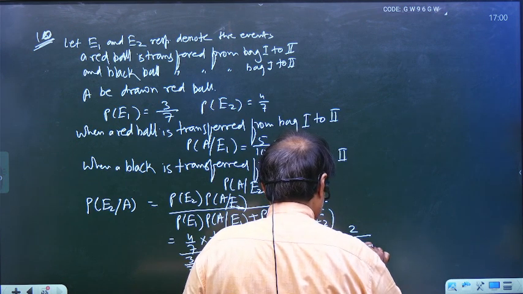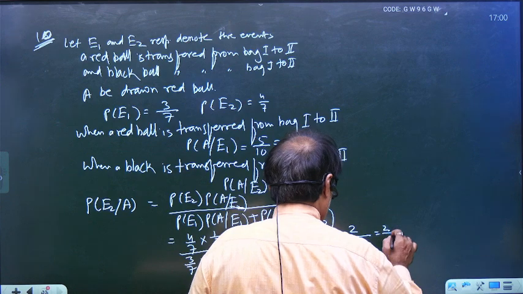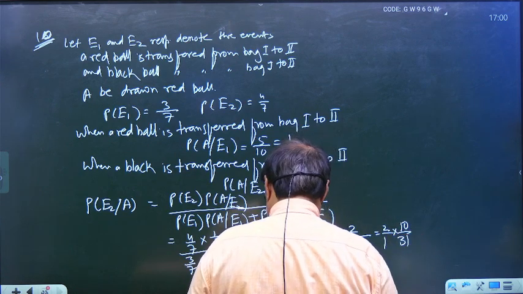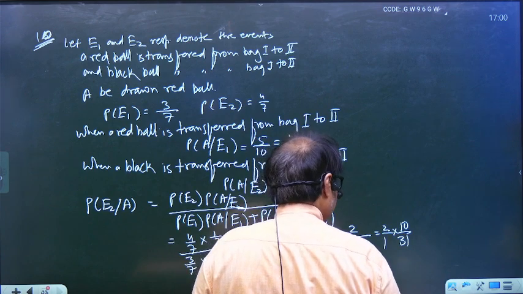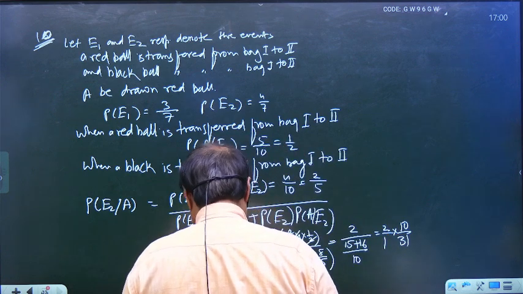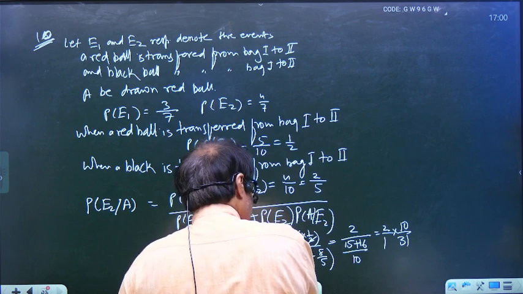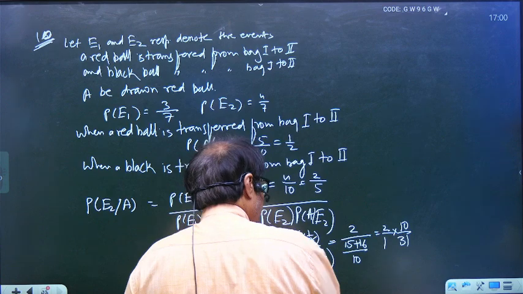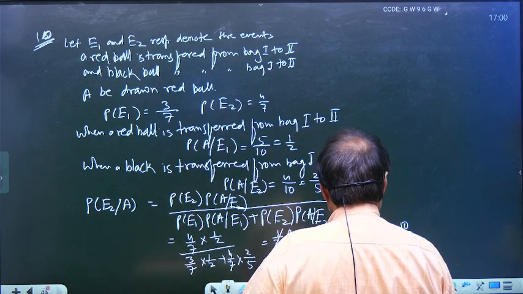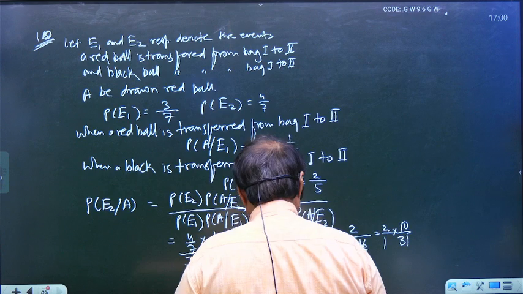So 15 plus 16, so this is 2 upon 1 and 10 upon 31. So the answer is 16 upon 31.